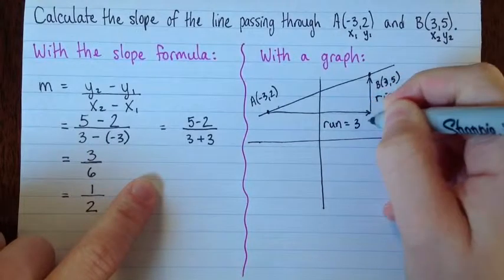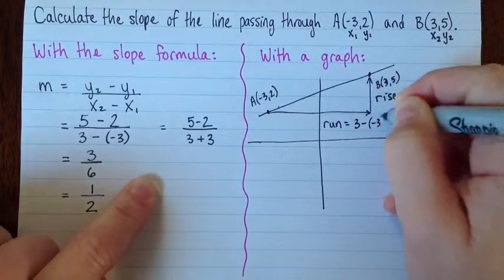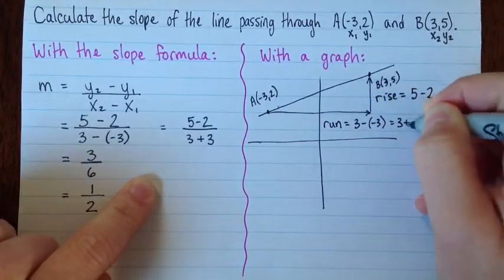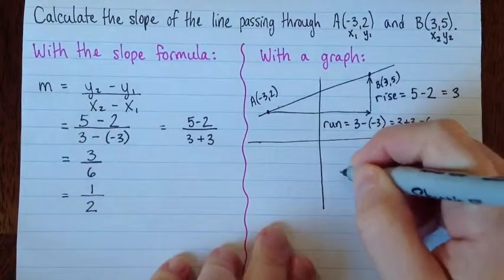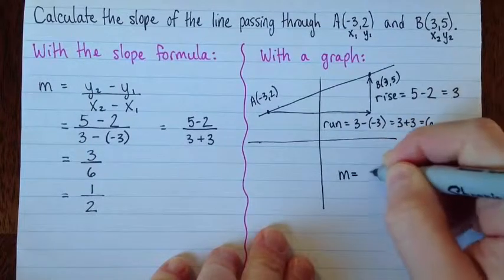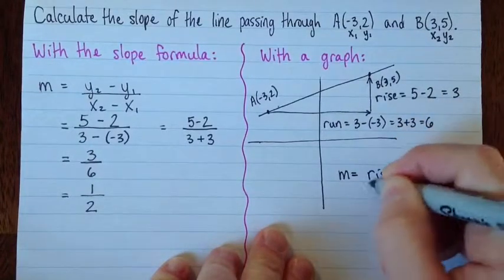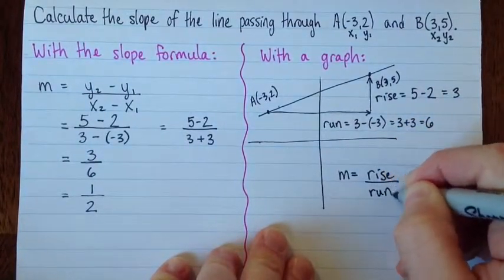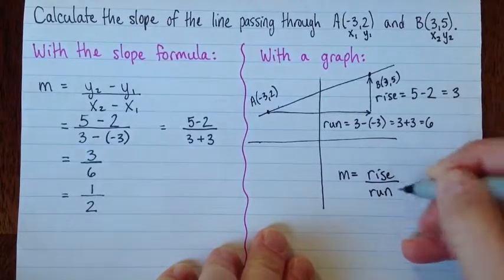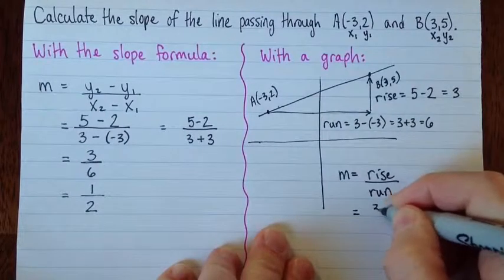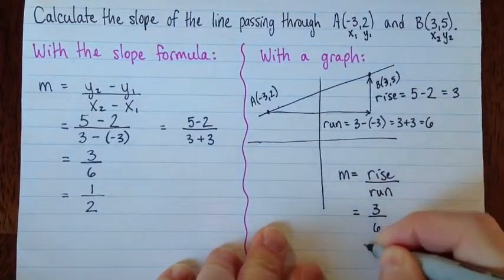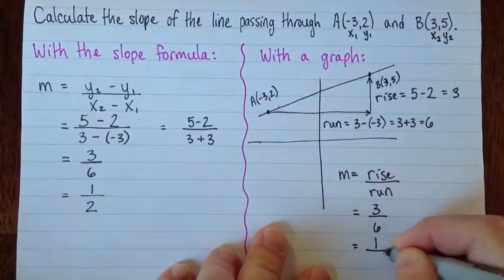So 3 subtract -3 or 3 plus 3, and that's 6. So the slope is rise over run, which is the change in y divided by the change in x. And so that's 3 over 6, and that's 1/2.